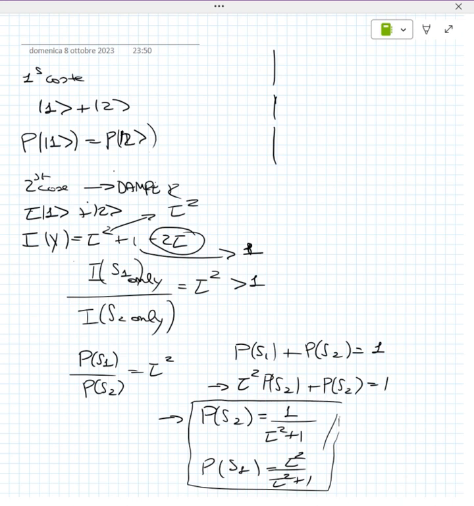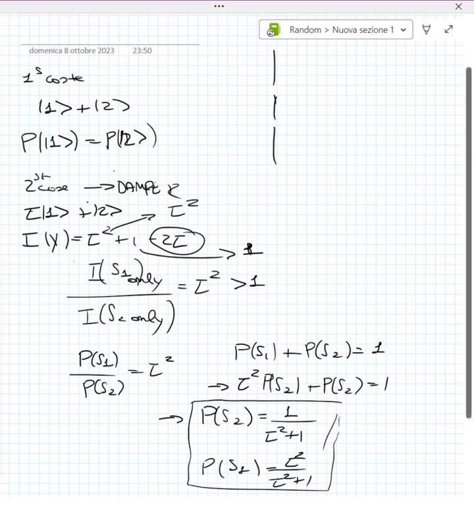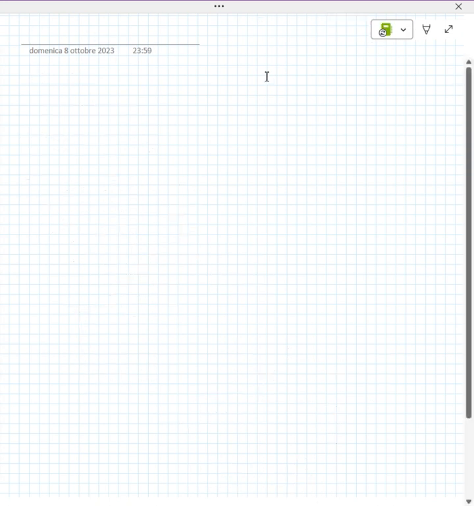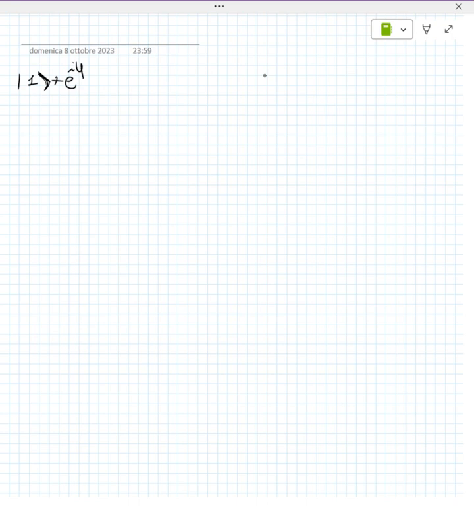Okay, now let's consider the third case. The state was described by this guy. And in this case, no photon is stopped by the mirror.